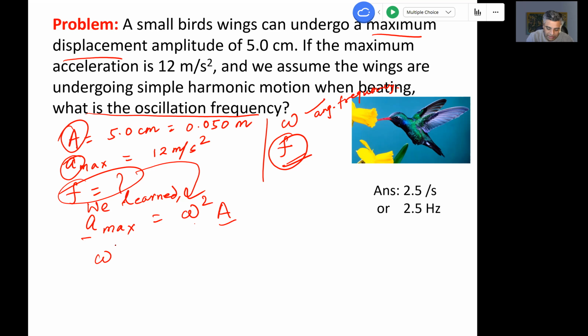So let me rearrange this equation a little bit by moving things around. That way I can write like this. So now we are looking for f.